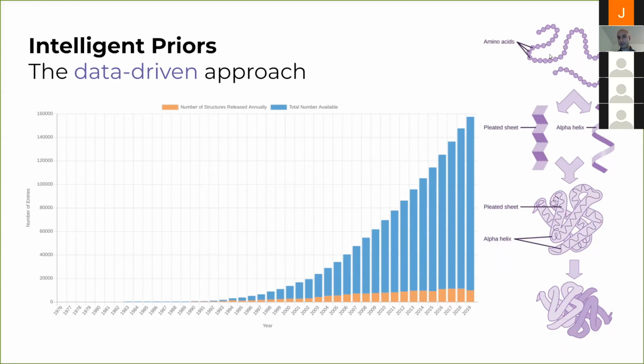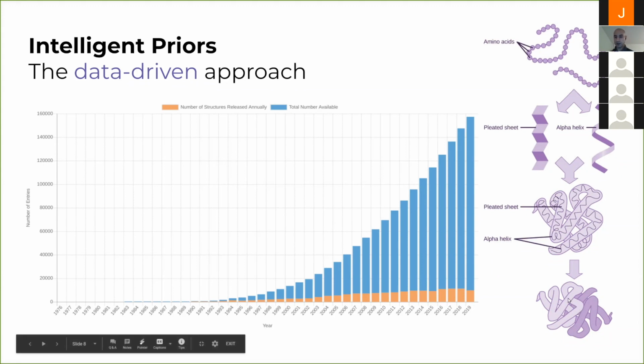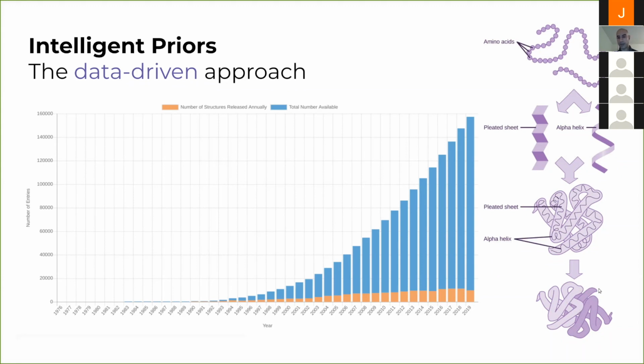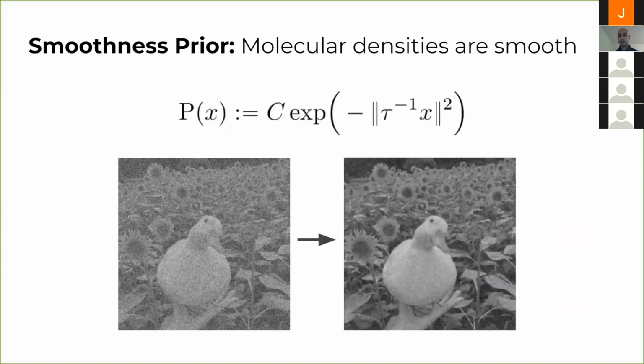We know, for instance, that they are made up of amino acids that come together to form secondary structures, and these form protein domains that fold into protein complexes. This is a rich amount of information that we know about proteins a priori before we start our reconstruction. So how do we utilize this information? You know, smoothing them out is one way.